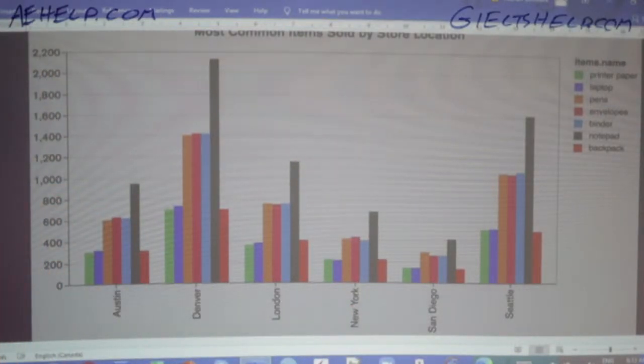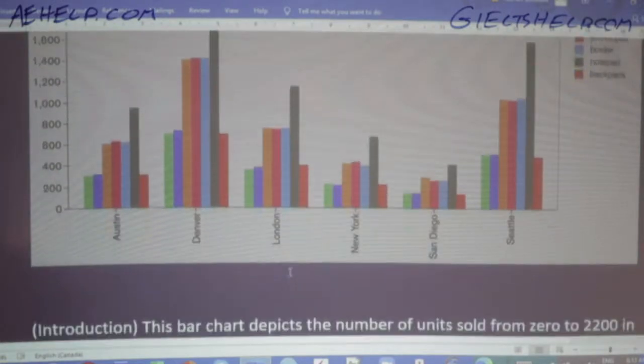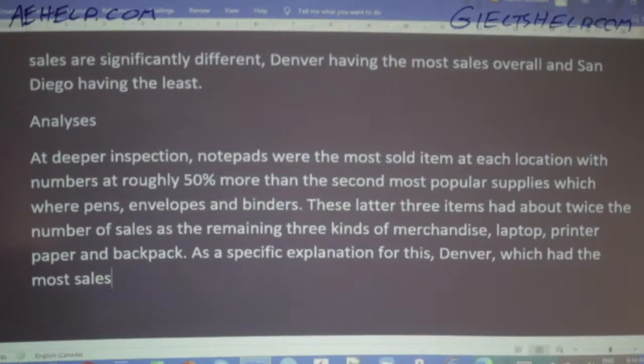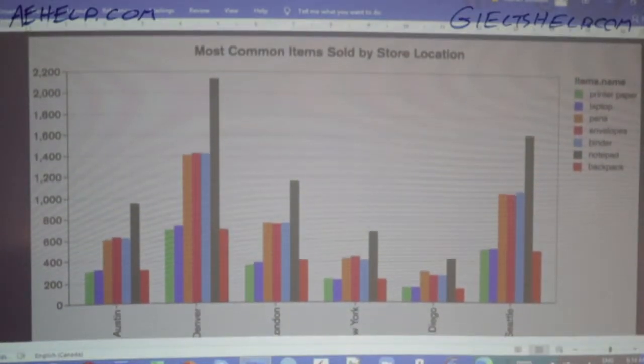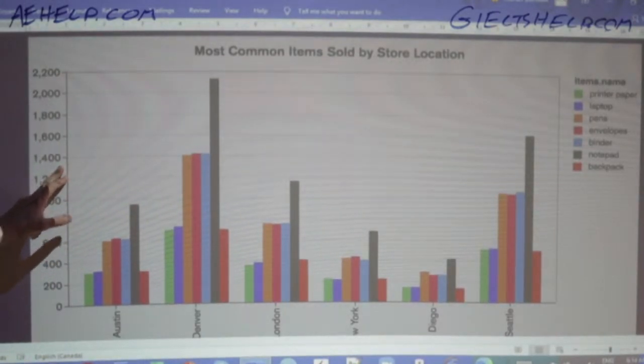Okay. All right. So now I'm going to go city by city. So I'm going to start with Denver. I mentioned that in my overview. So, okay, so Denver sold about 2,200, 1,400 units of envelopes, pens, and binders.